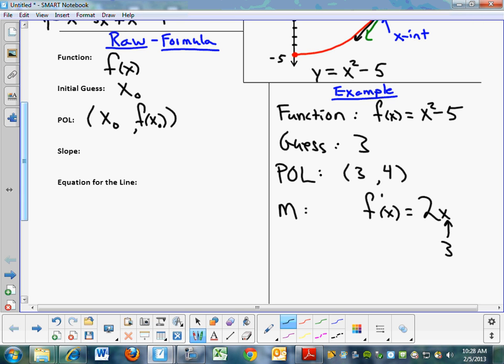Plug 3 into there, and you get 6. So you plug 3, your guess, in. Yep, your x value. So our slope is the derivative defined at our guess, f prime of x sub 0. Yes?